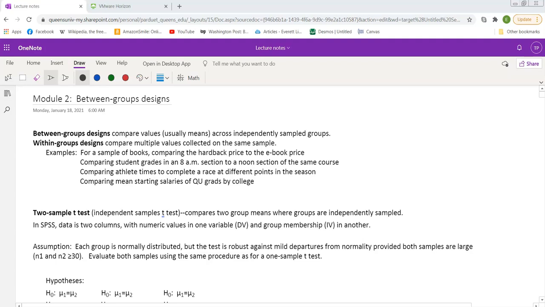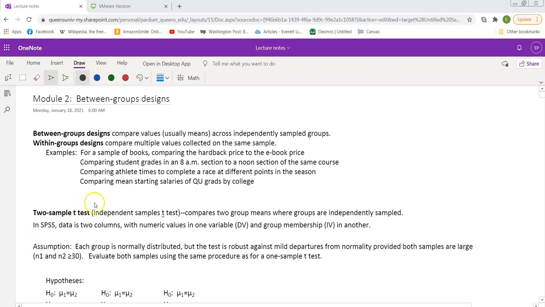So a between groups or between subjects design compares values, and almost always we're talking about means, across independently sampled groups. The contrast to that is a within groups design or a within subjects design.